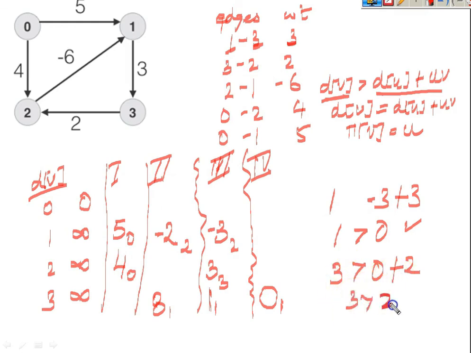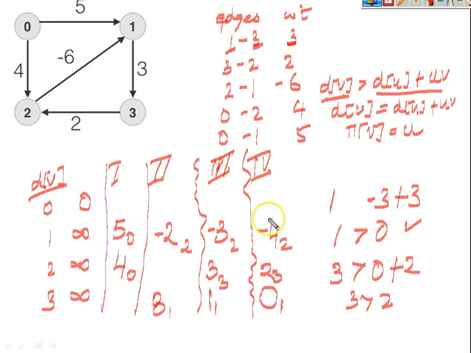So I am going to replace this 3 with 2, and I am getting this because of 3. Now 2 to 1. The d value of 2 is 2, and 2 plus minus 6 is minus 4, and the d value of 1 is minus 3. That means again we will change this to minus 4, and this is because of 2.